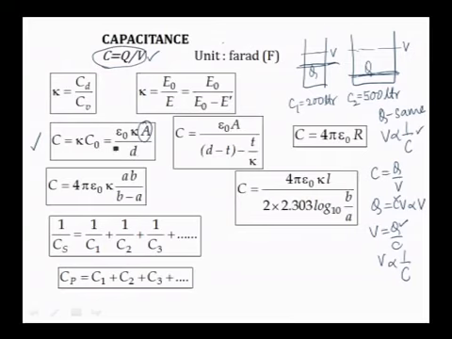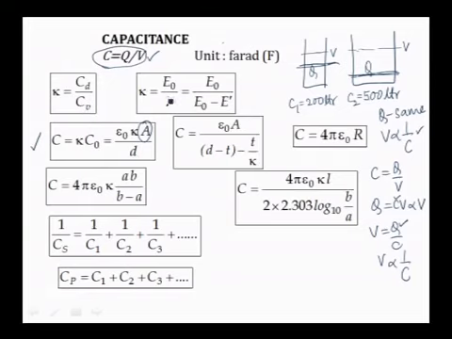So C is epsilon naught K A by d, and without the dielectric you have epsilon naught A by d. Therefore, when you take the ratio of C with dielectric and C with vacuum or air, you get the dielectric constant. Even though the equation looks very simple, it is used even at very high research levels to find the dielectric constant of materials.